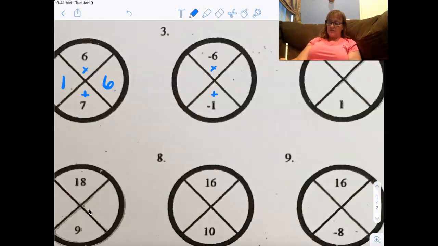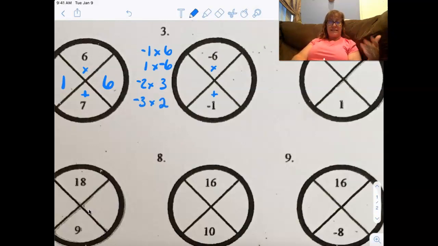So to get -6, we could go a -1 times a positive 6, or we could go a positive 1 times a -6. We could go a -2 times a positive 3, or we could go a -3 times a positive 2.